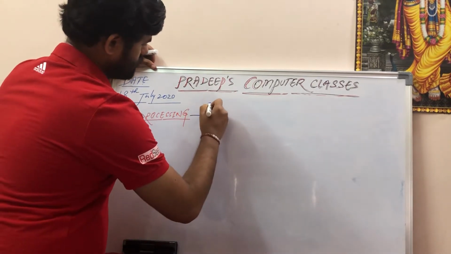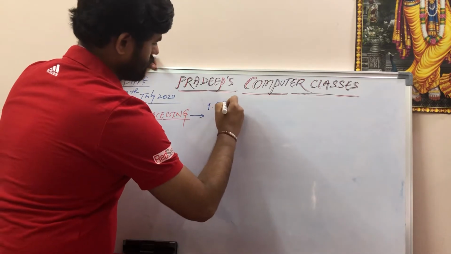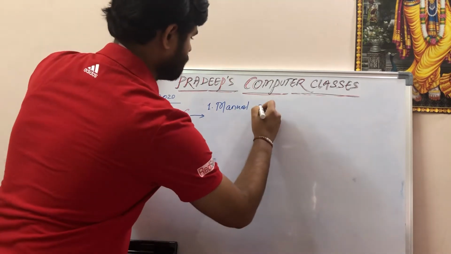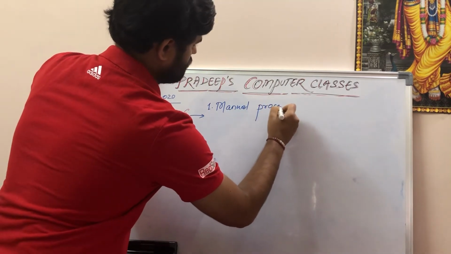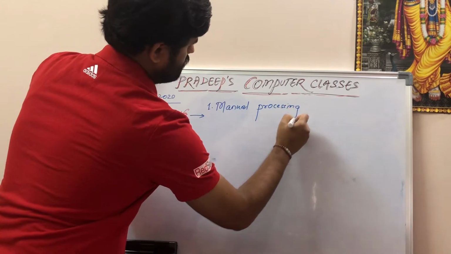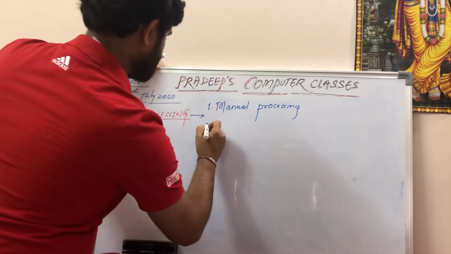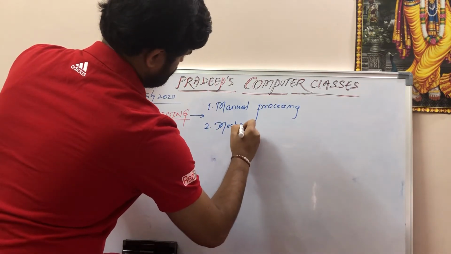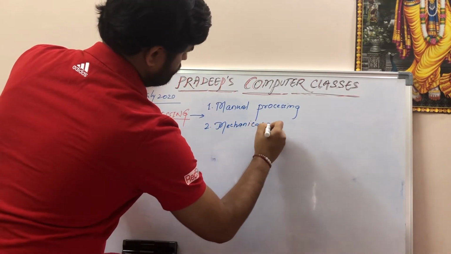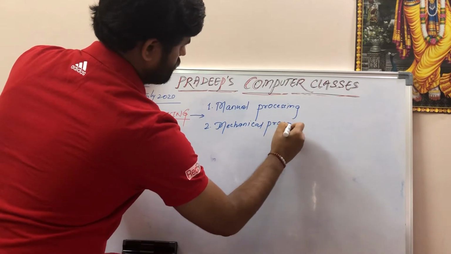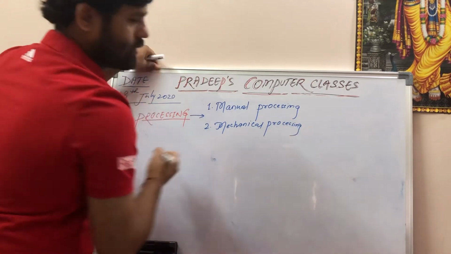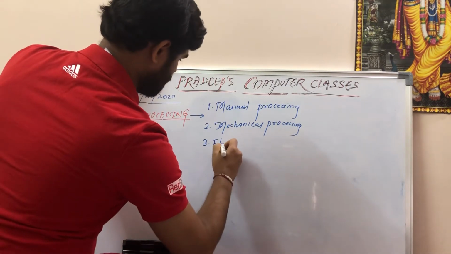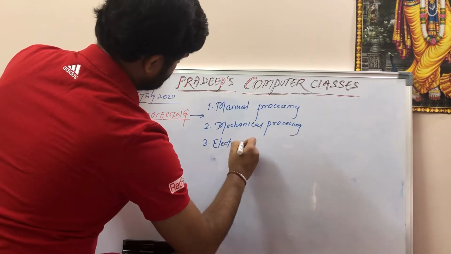So first is manual processing. Second is mechanical processing. Third is, it is very important, electronic processing.